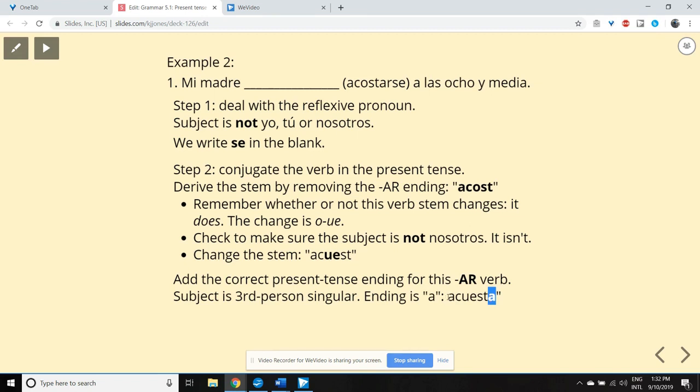Because that's how we pronounce a in Spanish. And we get acuesta. That's it. Nothing else. And altogether, our complete answer, the correct third person singular present tense form of this verb, is se acuesta, where se is our reflexive pronoun, right? And acuesta is the conjugated form of this verb.